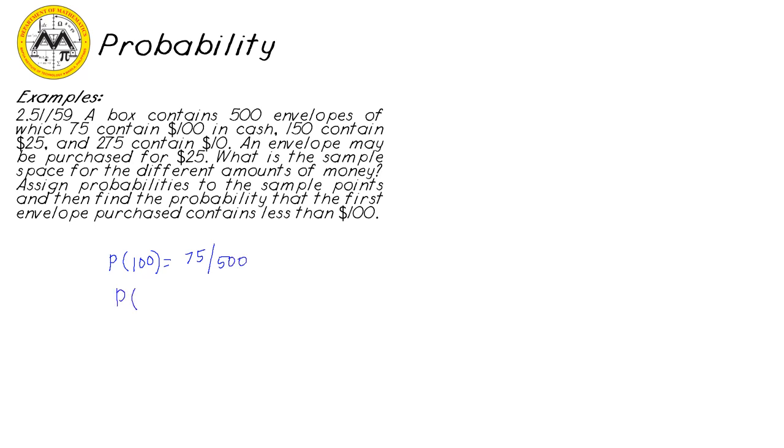The probability for 25 is 150 over 500, and the probability for 10 is 275 over 500.